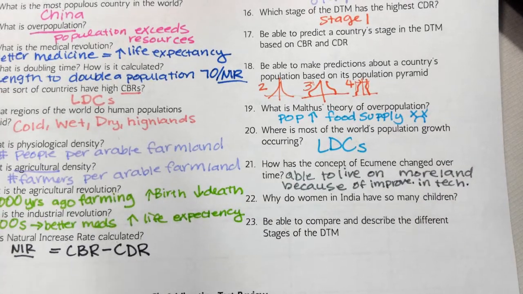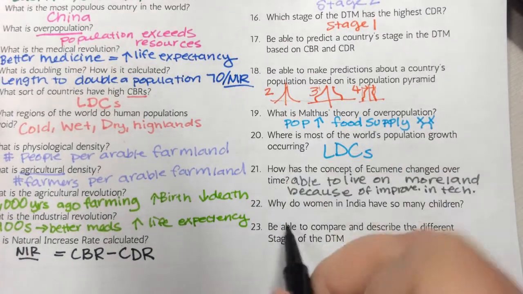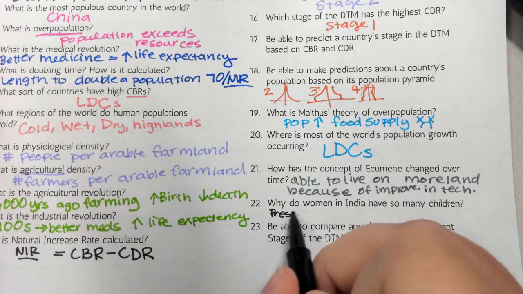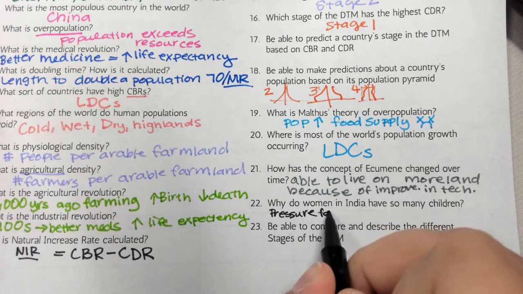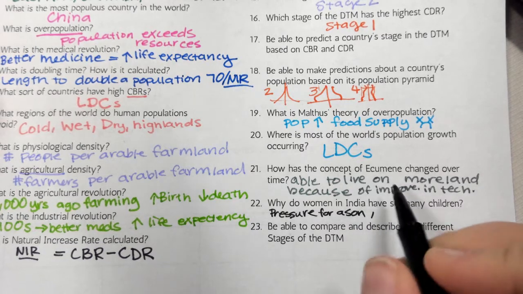Now, why do women in India have so many children? Women in India have a lot of children because they're very much pressured for sons. It is kind of a male-driven society in that sense. There's pressure to have a son, so if you have a lot of daughters, you might keep going until you get a son. Young marriage.